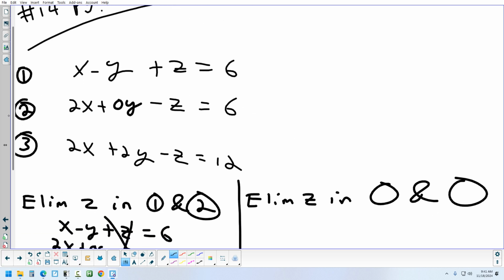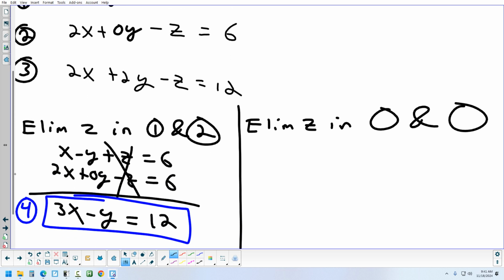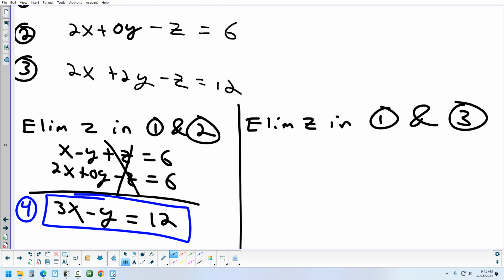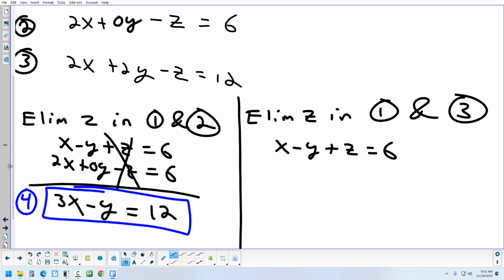Yeah, I think 1 and 3 would be perfect because the same basic thing is going to happen again. Okay, so let me copy down 1 and 3. x minus y plus z equals 6. Oh, it's right there. And 2x plus 2y minus z equals 12. Okay, what do we have to multiply by to make the z's cancel?